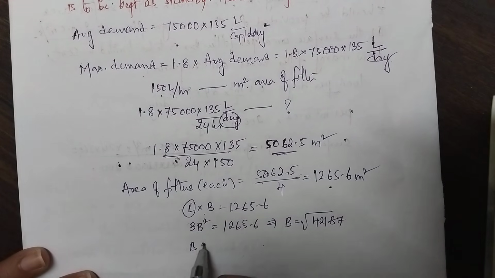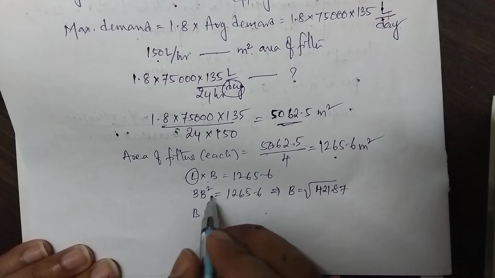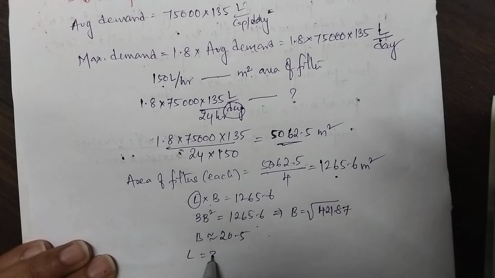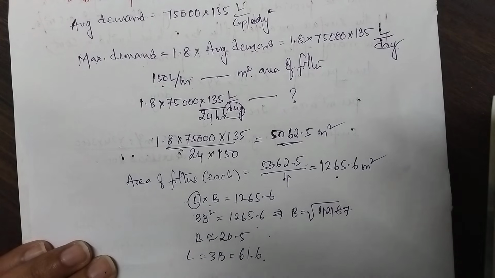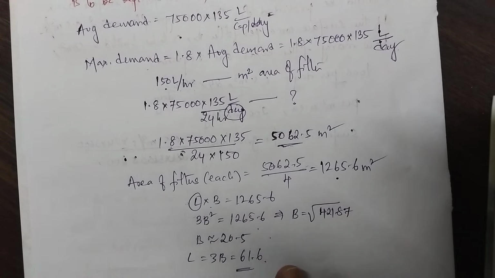Breadth should come around 20.5. Then length is thrice breadth, which is roughly 61.6. So this is the solution for problem set 6.